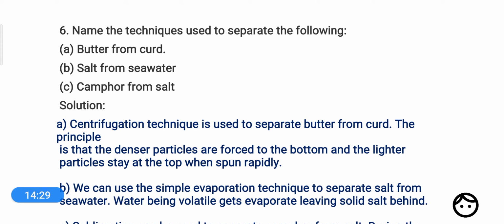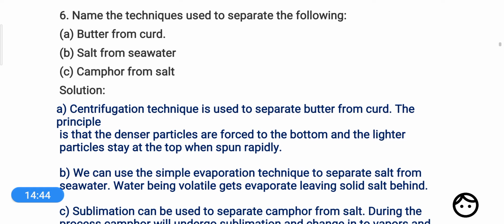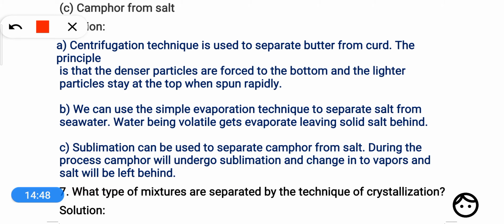If we talk about butter from curd, then it is separated by the process of centrifugation. Okay, the principle is that the denser particles are forced to the bottom and the lighter particles stay at the top when they are spun rapidly. Okay, then question B, salt from seawater. So you can separate the salt from seawater by the technique of evaporation.